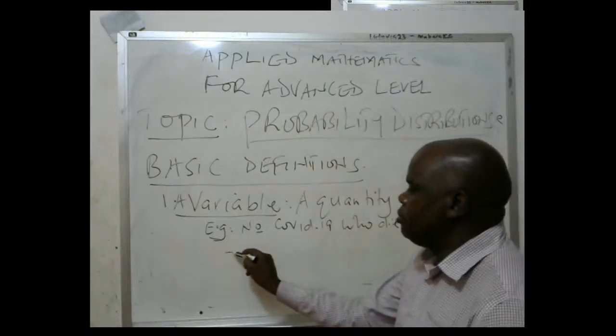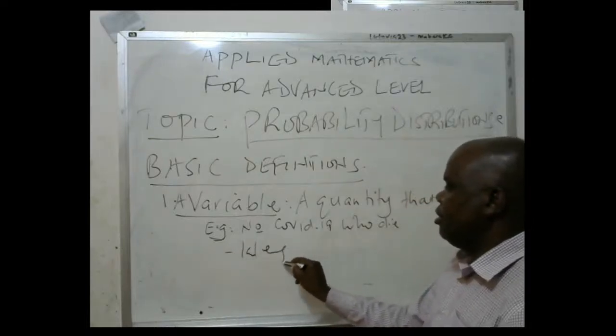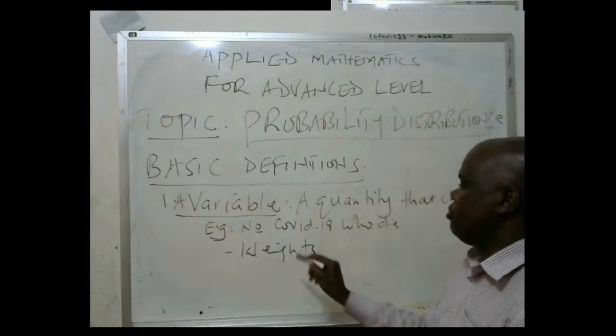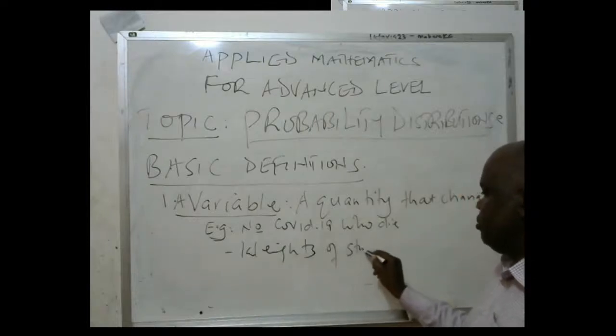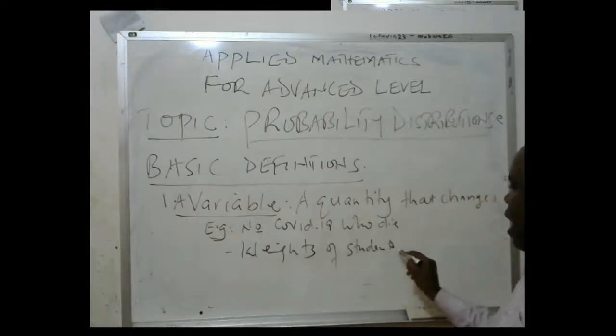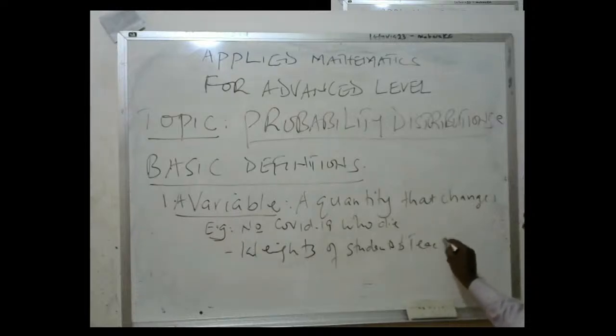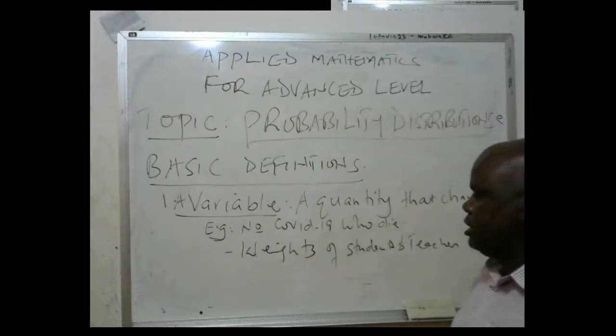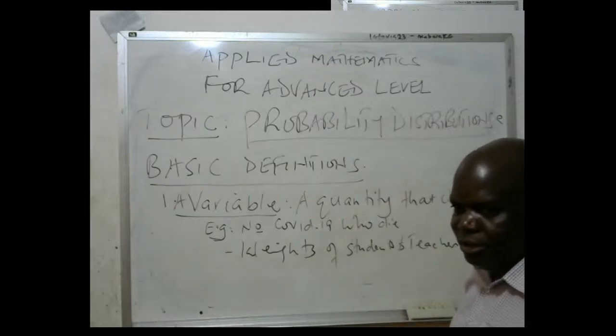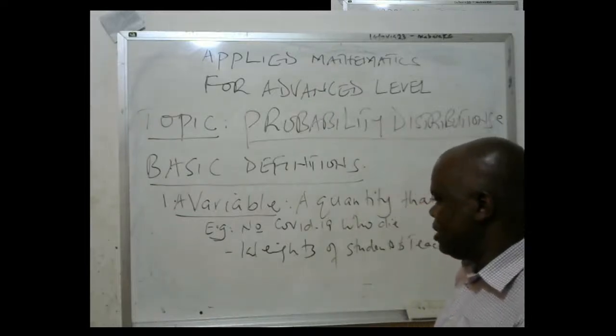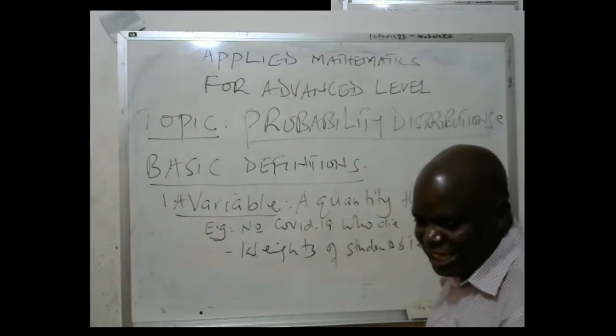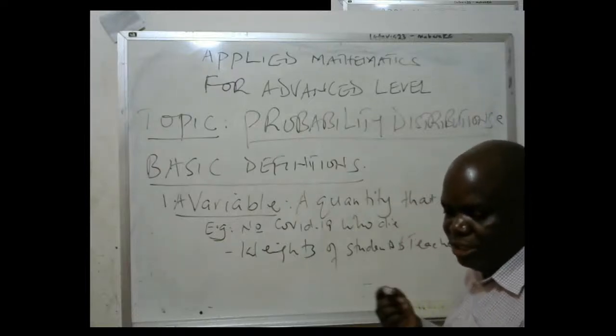We can talk about our weights. Weights of students and teachers, for example. Now when you talk about weights of students and teachers, the weights of students will be changing, varying by type of student, his background, food eaten, by genetic nature.